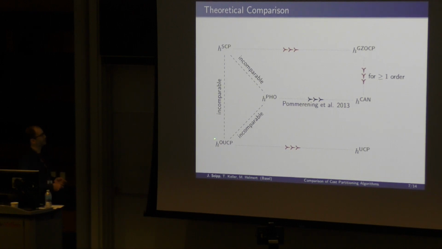Also we showed that our new heuristic, the opportunistic uniform cost partitioning, dominates uniform cost partitioning. And we also showed that the 3 heuristics on the left are incomparable. So for each of these pairs, there is an example where one algorithm performs better, and there's an example where the other performs better.